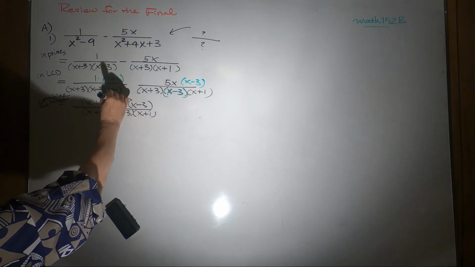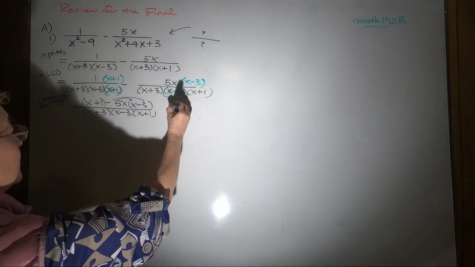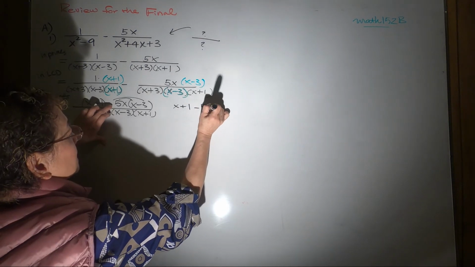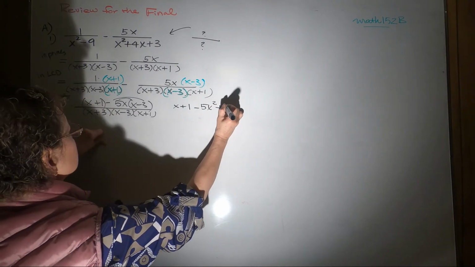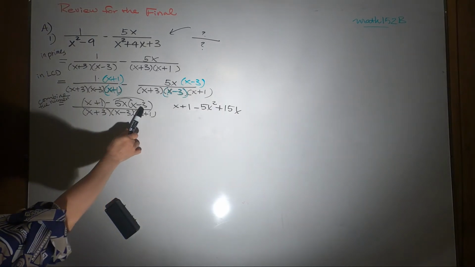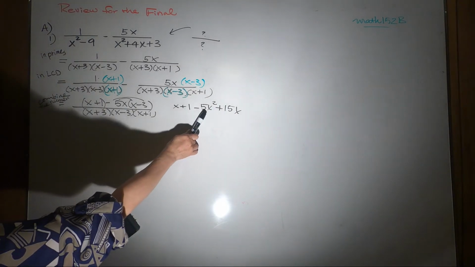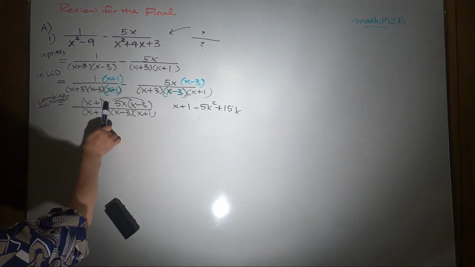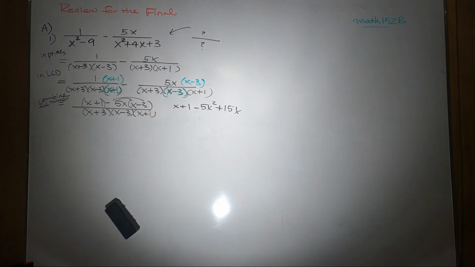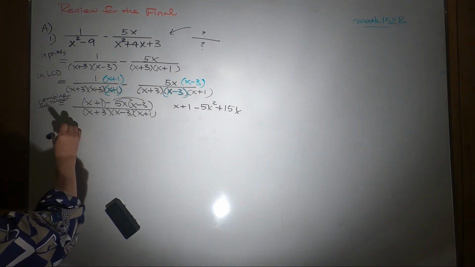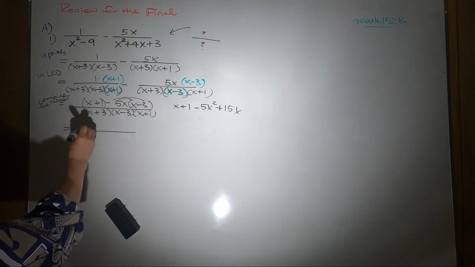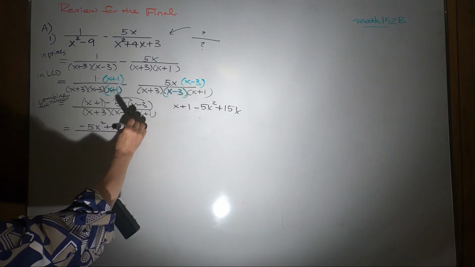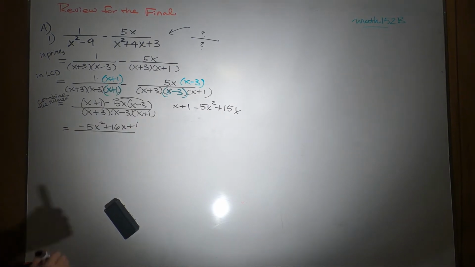When you distribute, you have to consider that it becomes x minus 1 minus 5x squared plus 15x. You often forget to distribute your negative as well. Then we simplify and combine like terms: negative 5x squared plus 16x plus 1, right?